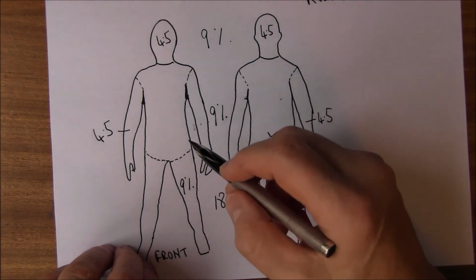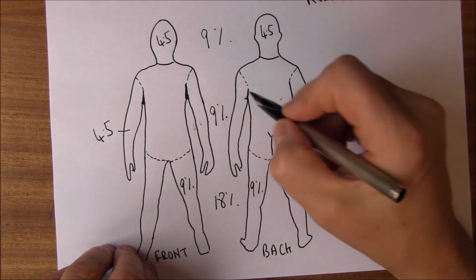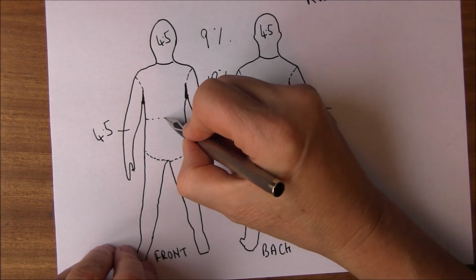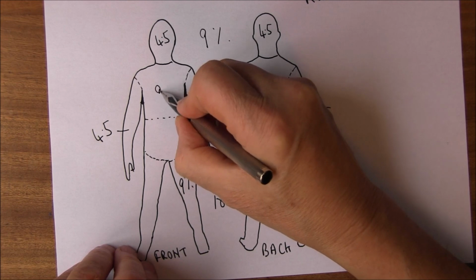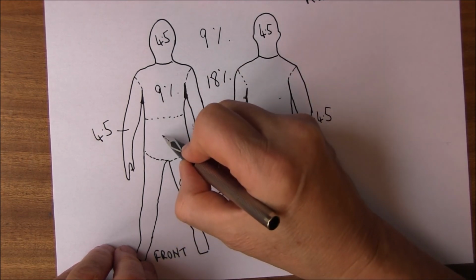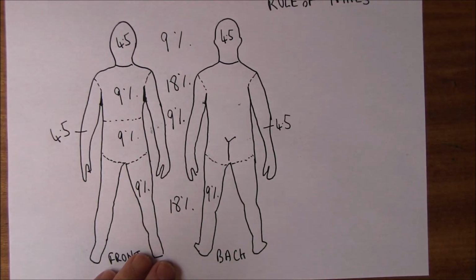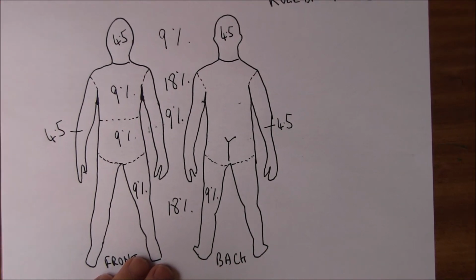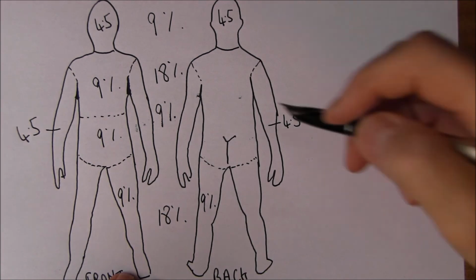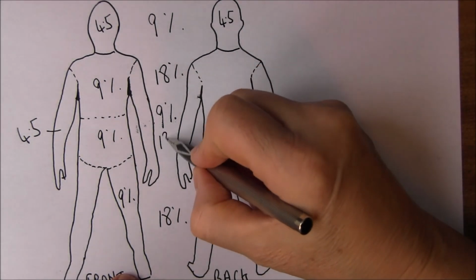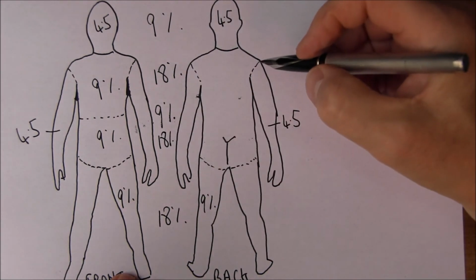Now the torso at the front is going to be 18%, the whole torso 18%. So half a torso is going to be 9%. So the chest is 9%, the abdomen is 9%. And the back includes the buttocks. Again, 18% in total for the back, including the buttocks.